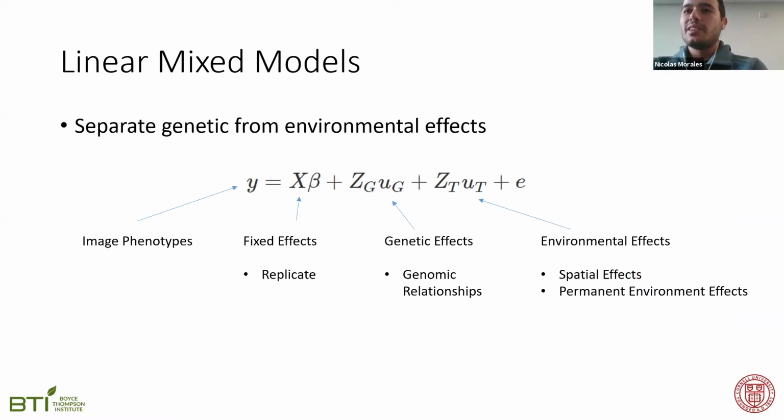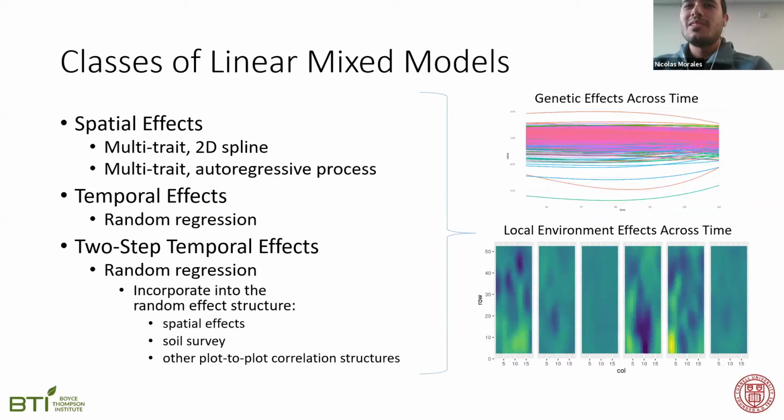For the genetic effect, I use genomic relationships that are calculated from close to 1 million GBS markers that were genotyped for the parents of these hybrids. And the random environmental effects can either be for spatial effects or permanent environment effects.